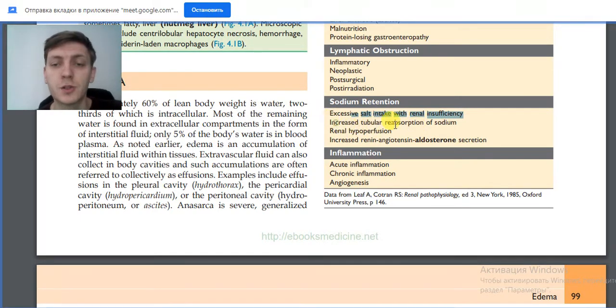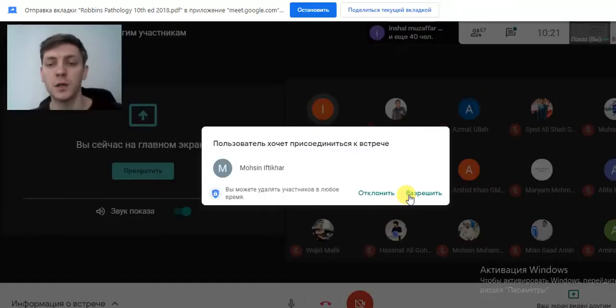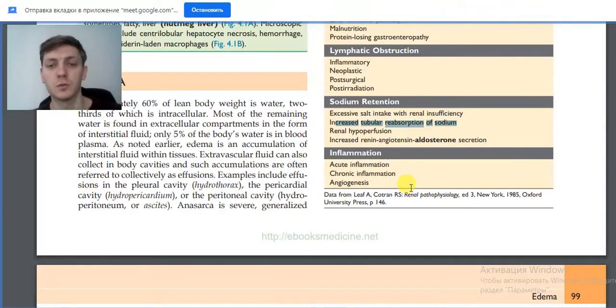Increased tubular reabsorption of sodium is controlled by antidiuretic hormone. Then renal hypoperfusion, so it decreases the amount of blood entering into the kidney, and that's why sodium is not removed from the body.